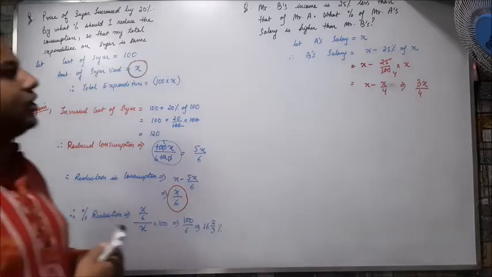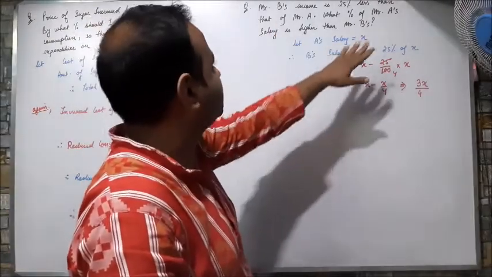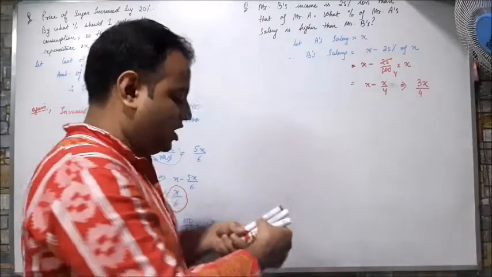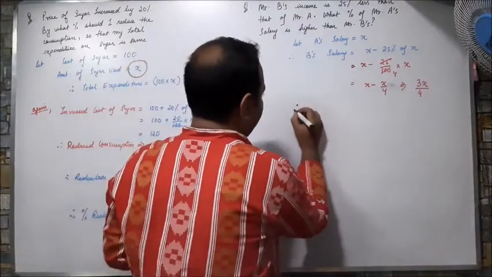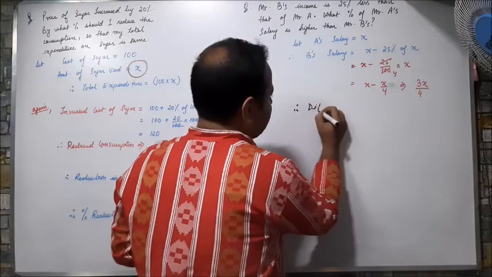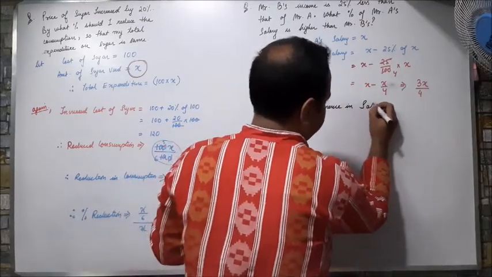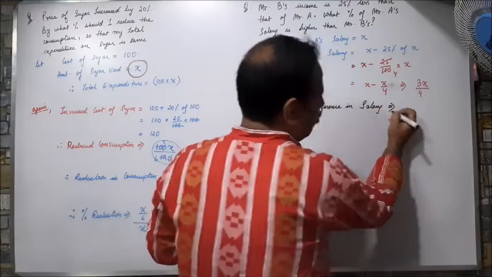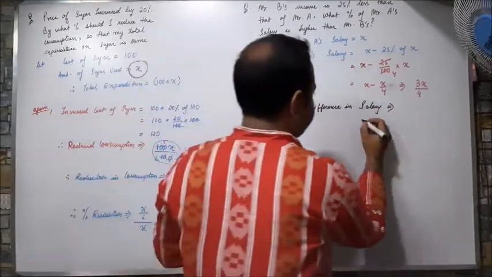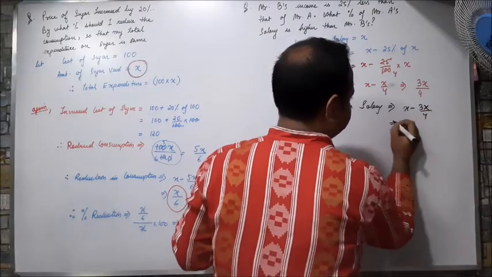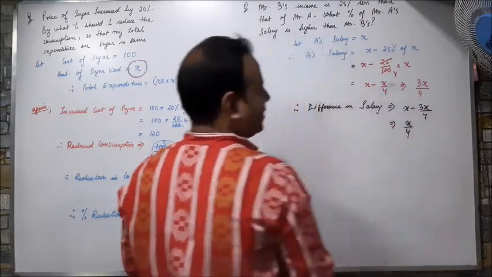Now I have to calculate what percentage of Mr. A's salary is higher than that of Mr. B's. So therefore the difference in salary is x by 4.